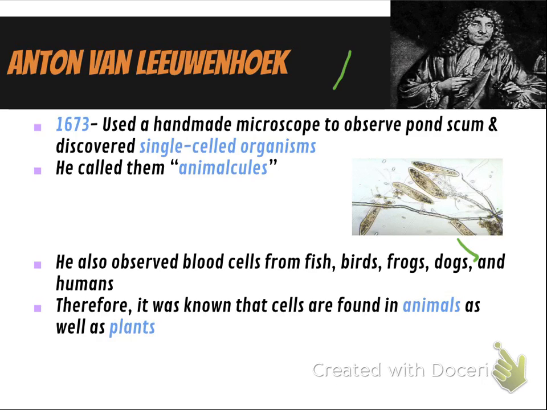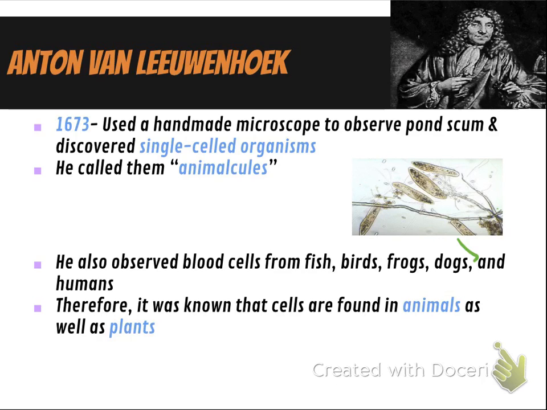Anton van Leeuwenhoek is one of the many people who were involved in the process of discovering and inventing the microscope. In 1673, van Leeuwenhoek used one of his own handmade microscopes to observe pond scum.